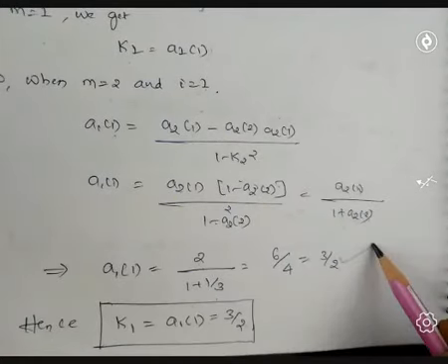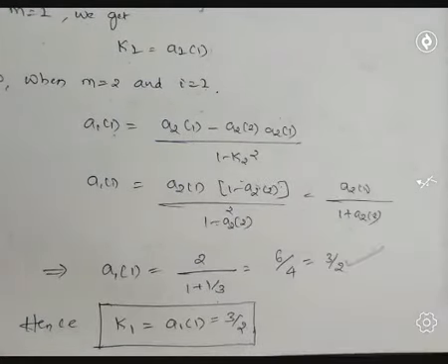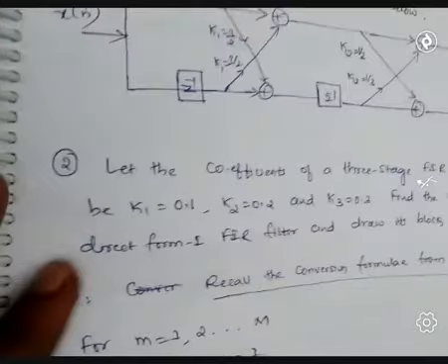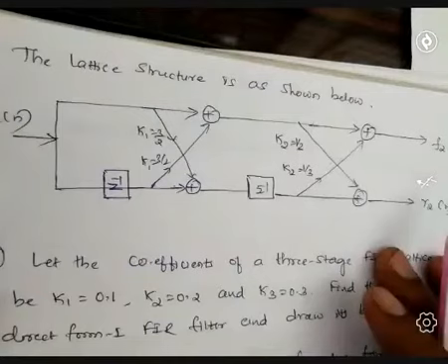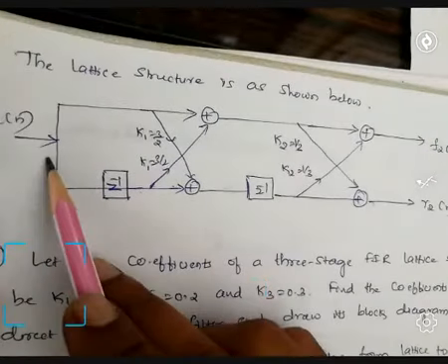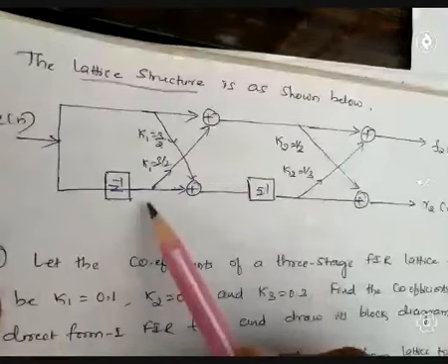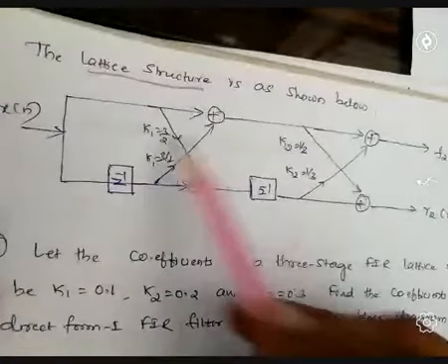Next is to substitute these values in the second order lattice structure. Already we discussed the nature of the second order lattice structure. X of n is the input. Second order means 2 delays, 2 coefficients, K1 and K2.